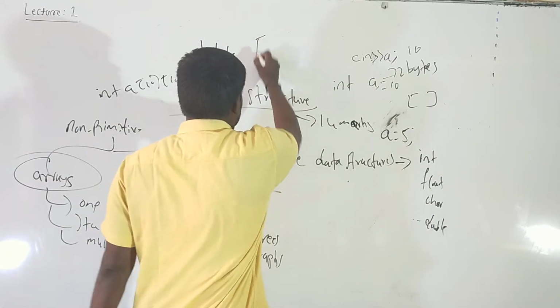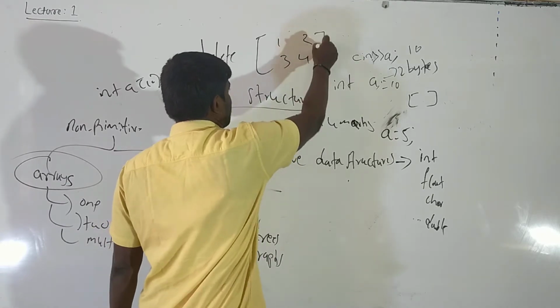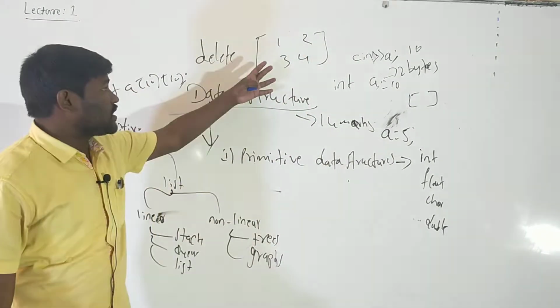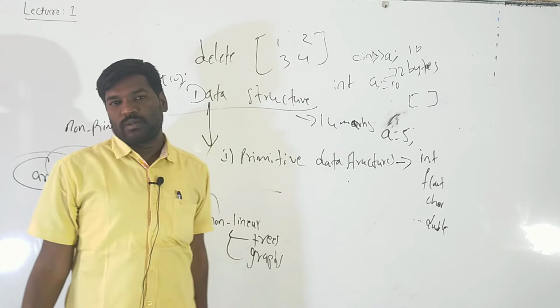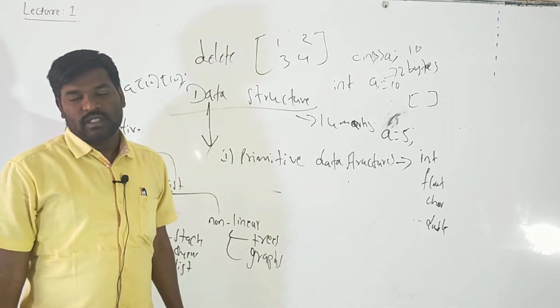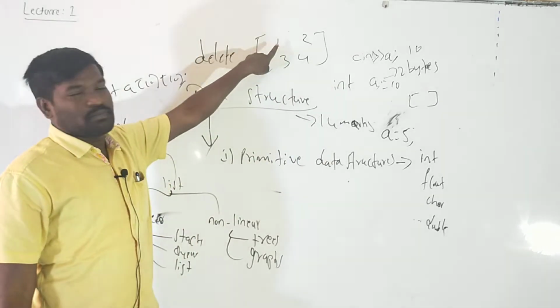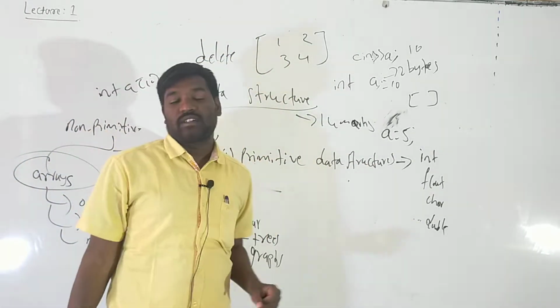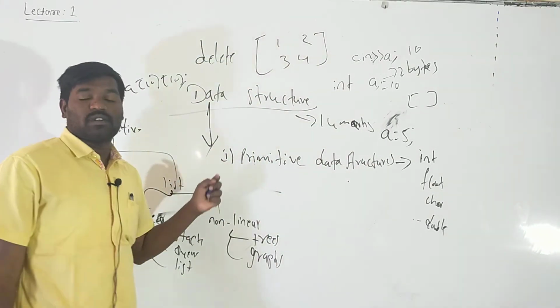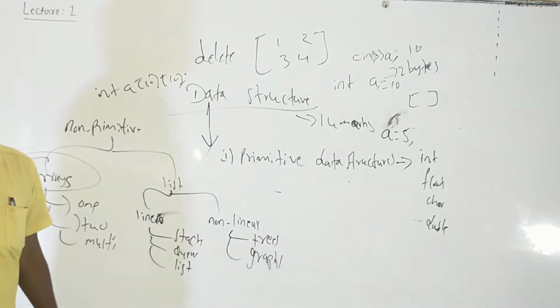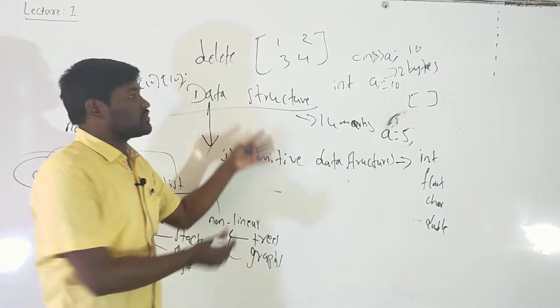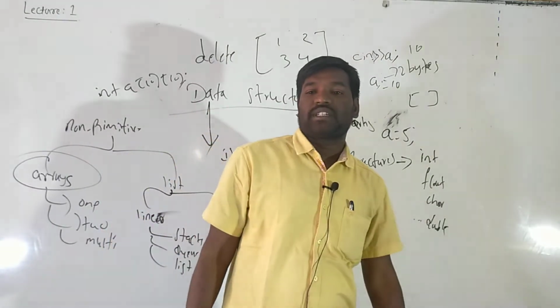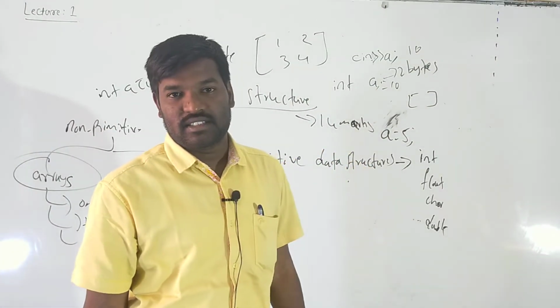For example, see here 1, 2, 3, 4. Here the order of matrix is 2 cross 2. Here 1 is present in first row, first column. 2 is present in first row, second column. 3 is present in second row, first column. 4 is present in second row, second column. If you want to perform the operations on the matrix, we can use the two-dimensional arrays.